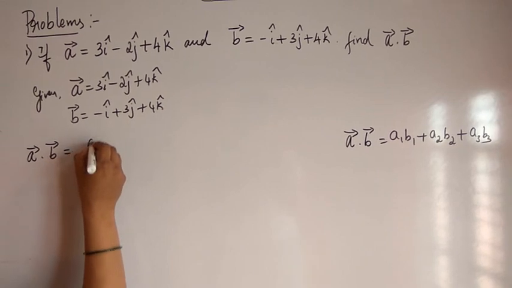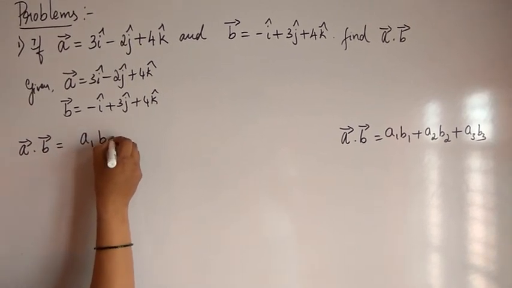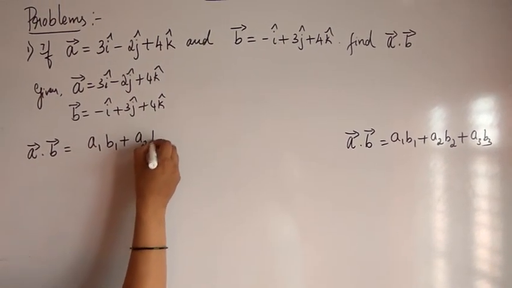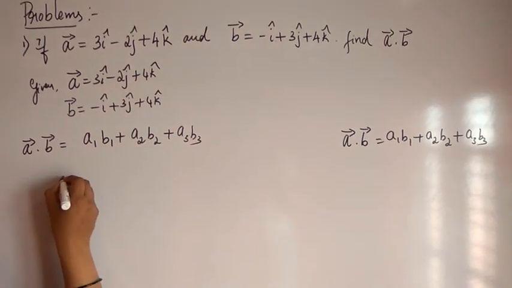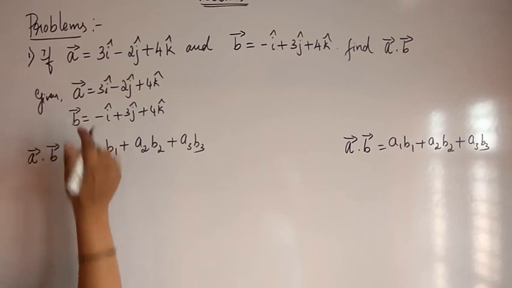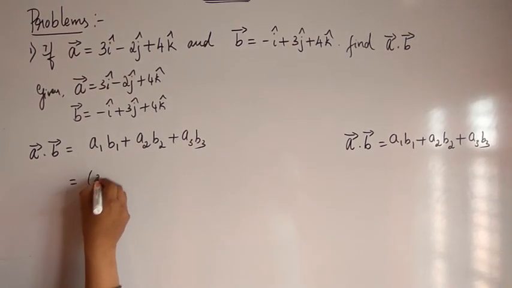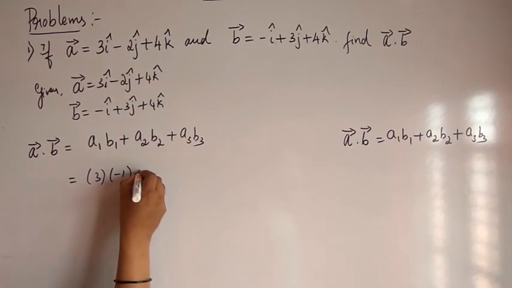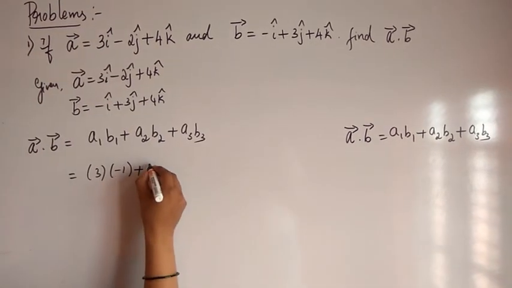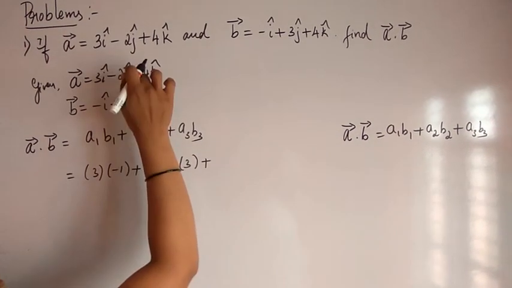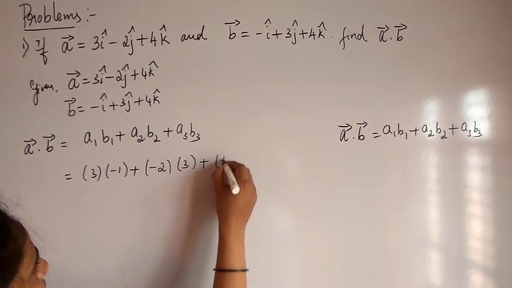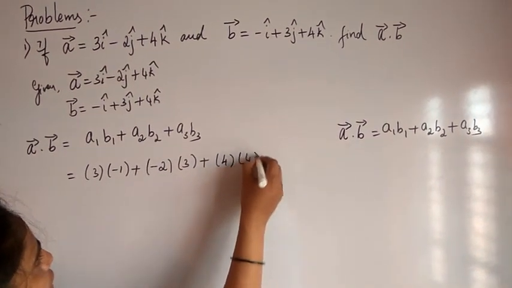That is equal to, formula is A1 B1 plus A2 B2 plus A3 B3. Okay, so A1 into B1, 3 into minus 1, plus A2 into B2, minus 2 into 3, plus A3 into B3, that is 4 into 4.